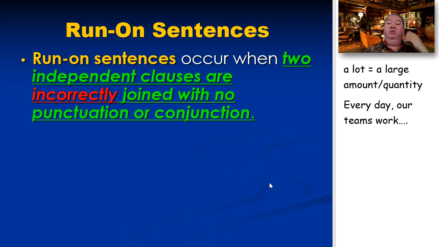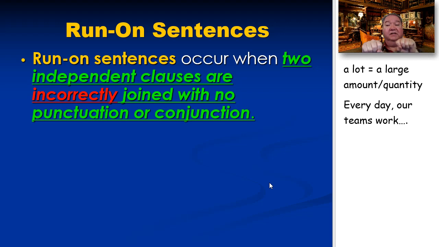So a run-on sentence means you have an independent clause and an independent clause. Two sentences that are just stuck together. Nothing between them. There's no punctuation. There's no period. There is no semicolon. There's not even a comma.